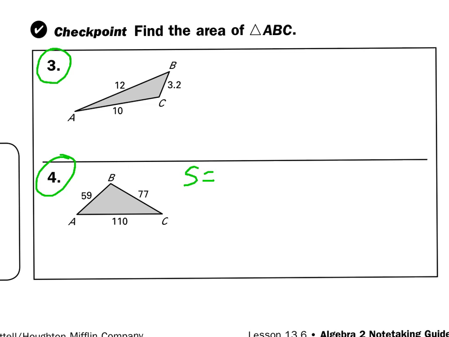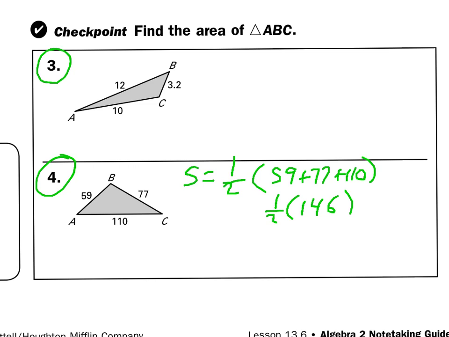First thing we do is find S. S equals 1/2 of 59. I wish you guys would have picked 3. It has smaller numbers. 59 plus 77 plus 110. Alright. 59 plus 77 is 136. 136 plus 110 is 146.